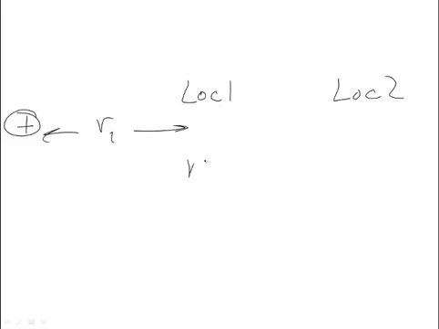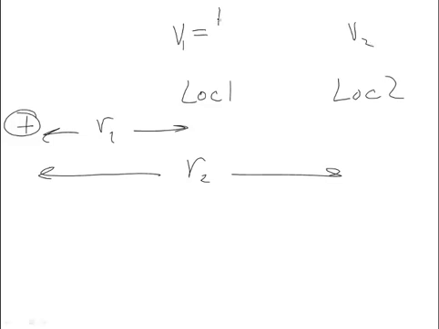Today's quiz is going to cover a location 1, then a location 2, and there's either a positive or a negative charge out here, at a certain distance, let's call them R1 and R2. You're supposed to calculate the potential here, V1. What equation would that be?